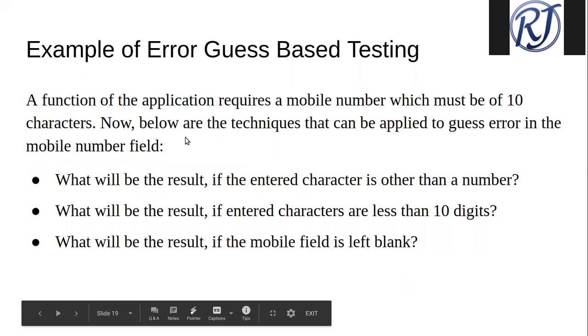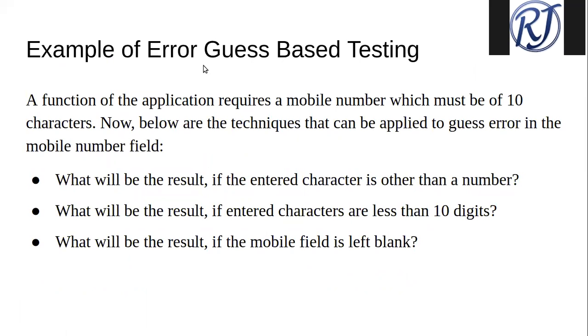And next are examples of error guess based testing. A function of an application requires a mobile number which must be 10 characters. Suppose we need to test a mobile number field. Everyone knows that a mobile number is of 10 characters. Now we can use our error guessing technique here. What will be the result if the entered character is other than a number?